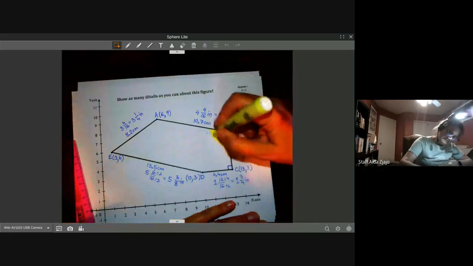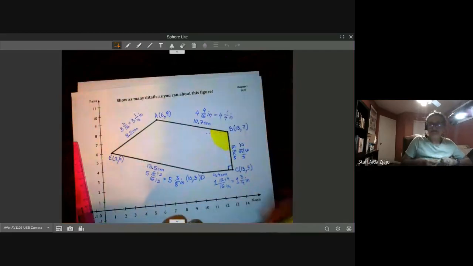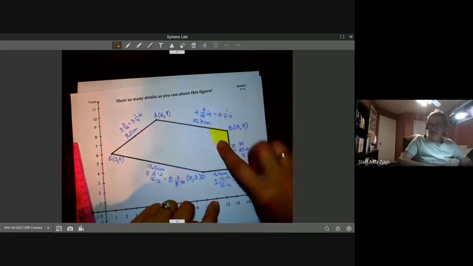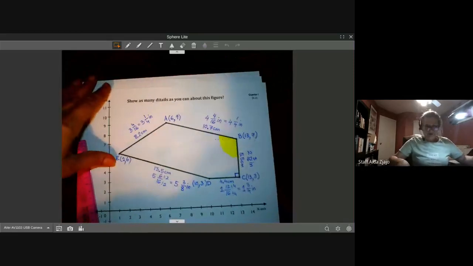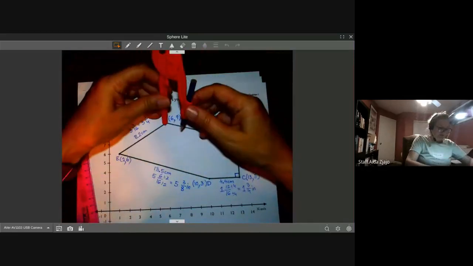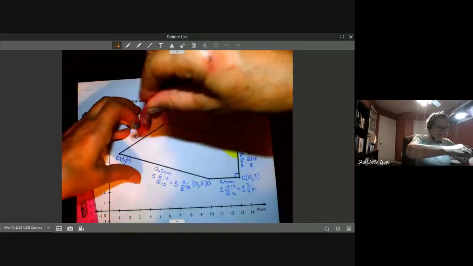I can measure that angle and see that it is part of a bigger circle. I can also do the same thing around A.